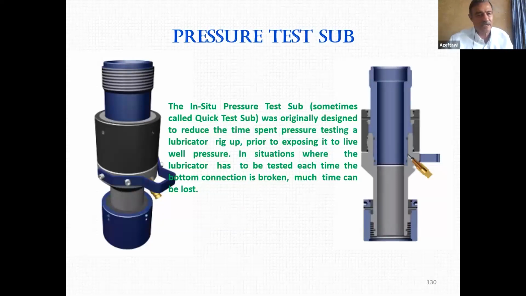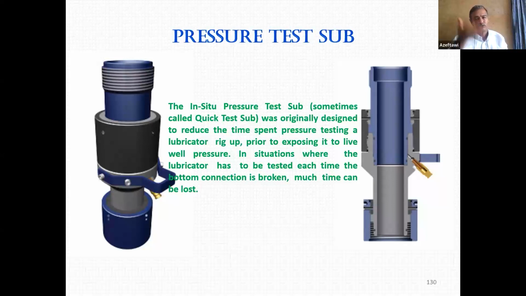I believe this is the last device we'll talk about before we end this session. This is what we call the pressure test stub. If we don't have this device in the rig up, we rig up a slickline, do a pressure test, then start running in the hole, reach the depth, and do our job.